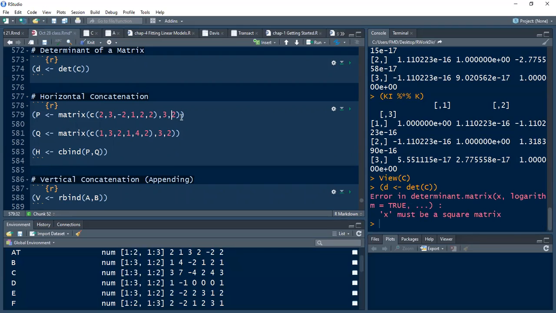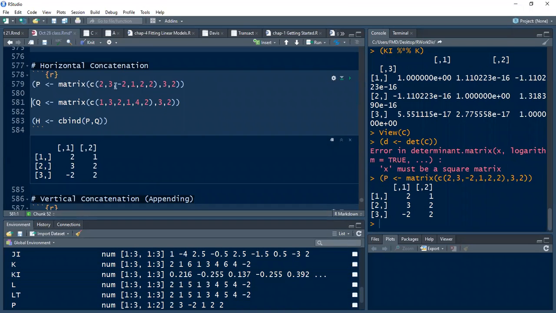We know that it's by column because that's the default of R, unless you want it to be inputted by rows, where we add here comma byrow is equal to TRUE. I hope that's very clear to us. I have explained that several times. So let's run this. So this is our matrix P, 2, 3, negative 2, 1, 2, 2.